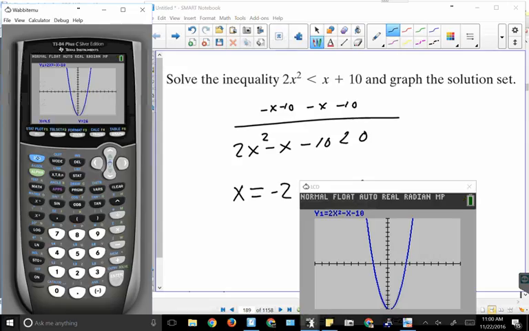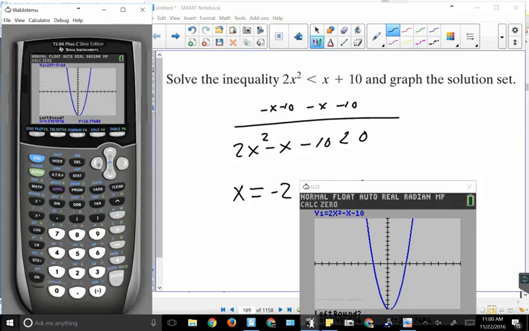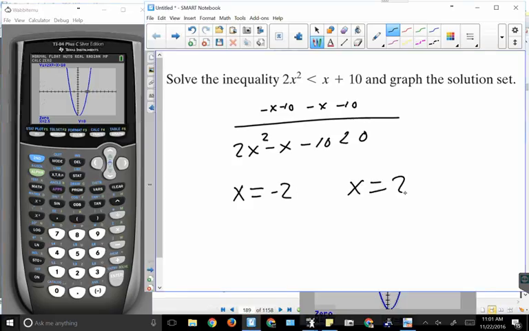But we can go to finding a 0, put it below it, above it, and we find out that it's going to be at 2.5. Oh, I hit 4.5, my bad. So 2.5. So now I know that x is equal to 2.5. That's where my zeros are at.